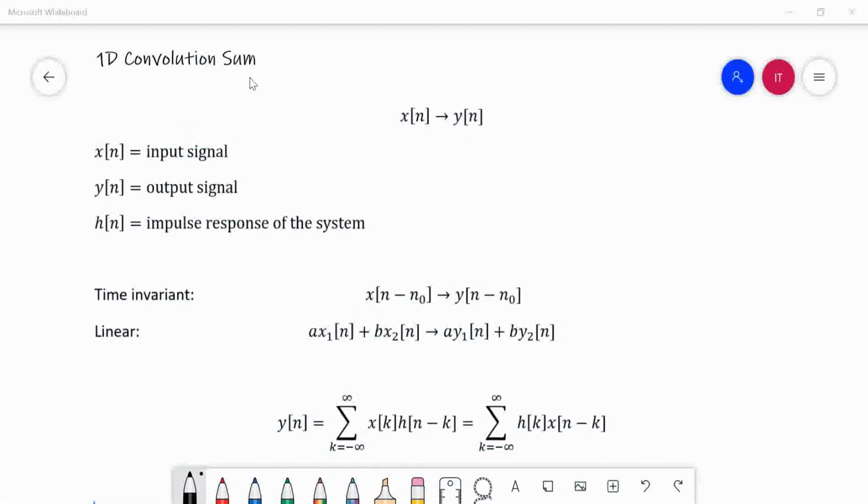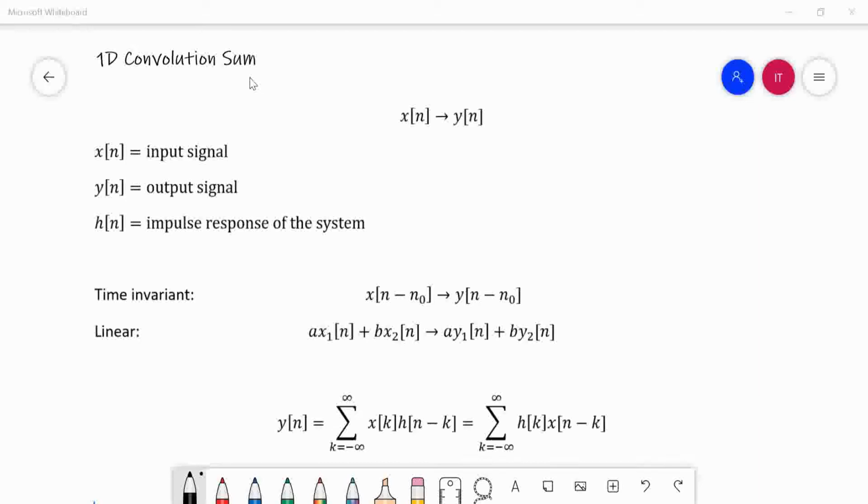Hi, today I will explain convolution for a one-dimensional, discrete-time signal. Before that, we want to get used to the notation first. x[n] is our input signal.